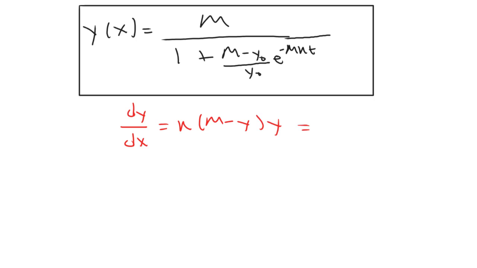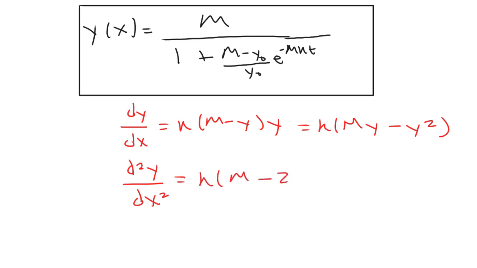Distributing, that's the y minus y squared. How do you find a point of inflection? You take the second derivative, which in this case gives you k times m minus 2y, and you set it to 0, which tells you that y equals m divided by 2.